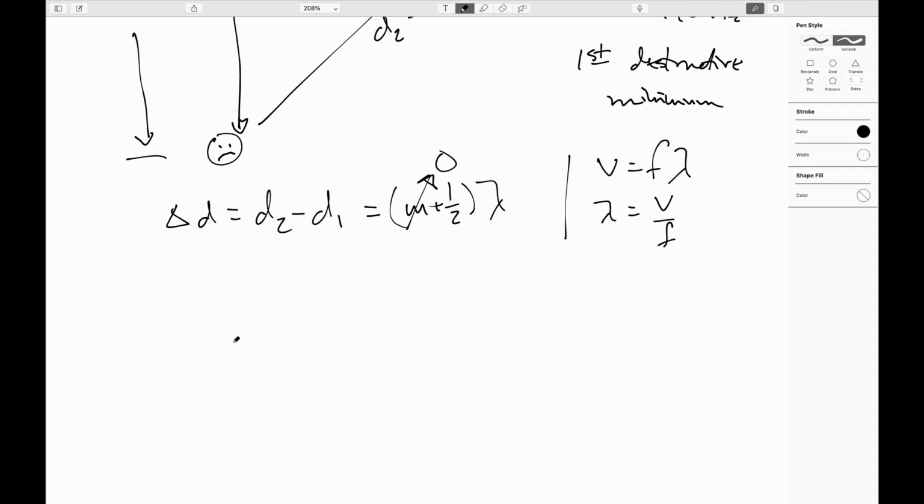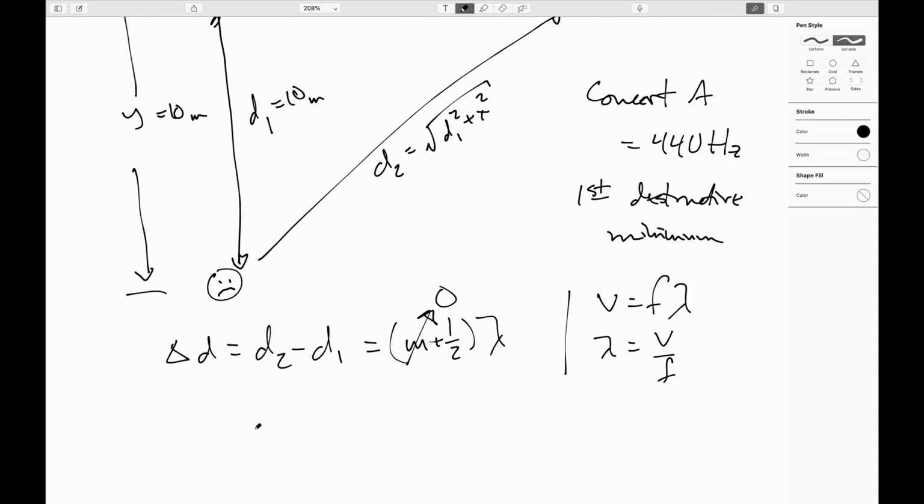All right, so following this thought through, D2 is the square root of D1 squared plus x squared, and we'll be subtracting our D1 here. And this will equal 1/2 times our lambda, which we said was v over f. So that's going to work out to be v over 2f. Okay.